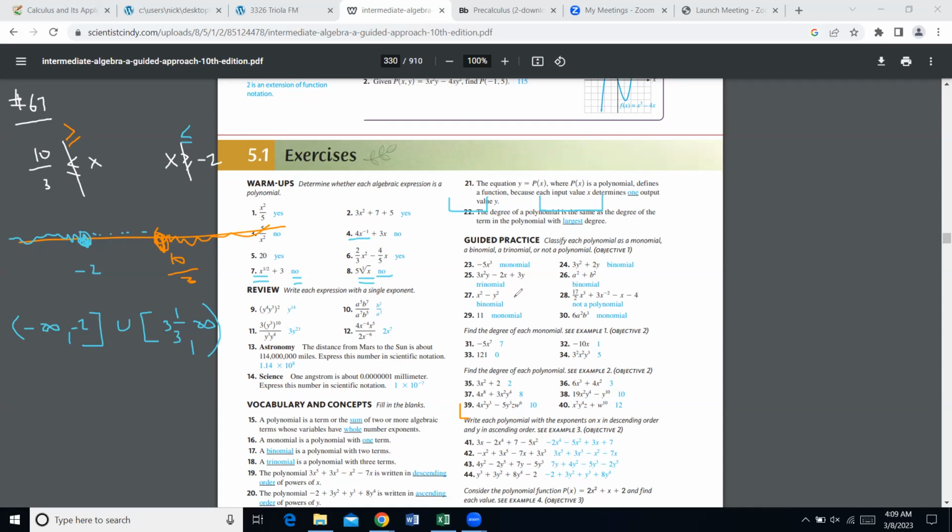And the main idea here is to find the so-called degree of a polynomial, or the largest power. So if I have exercise number 31, then here we have -5 times x to the power of 7.